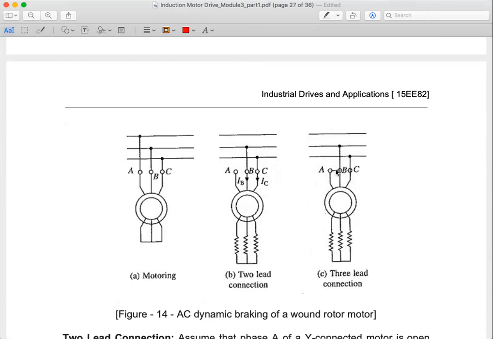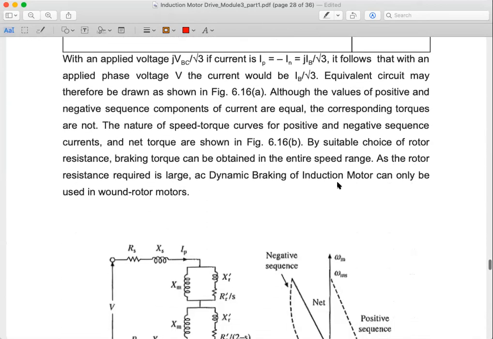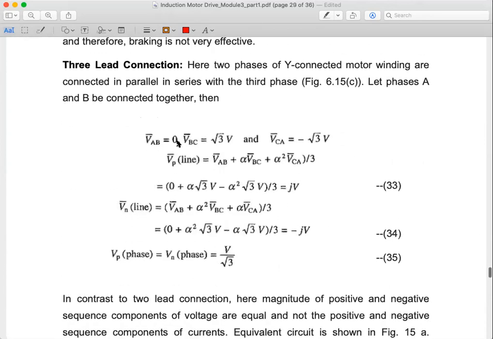This A point is connected to B, so VAB is equal to 0. I can write for three lead connections, VAB is equal to 0, VBC is root 3 V, and VCA is minus root 3 V, where V is the phase voltage.